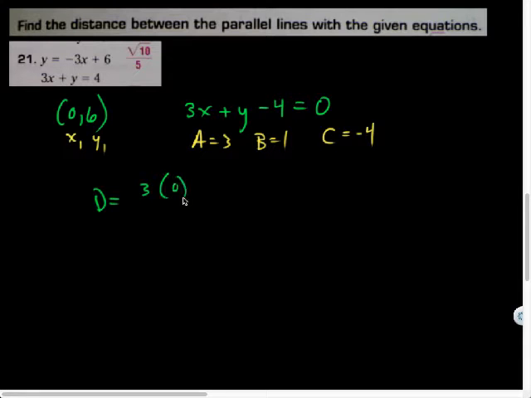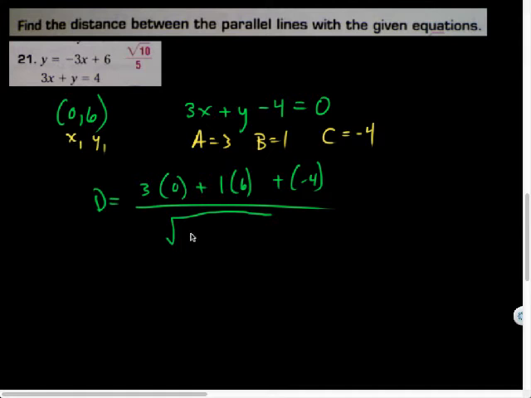3 times 0 plus 1 times 6, plus -4, all over the positive square root this time, because it's the opposite, of A and B squared, so 3 squared plus 1 squared.